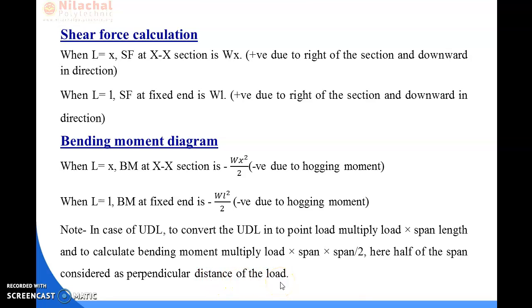That means we need to put W into length by 2, because L by 2 is the perpendicular distance of the load. In that way you have to put the formula according to the loading condition, that is UDL.